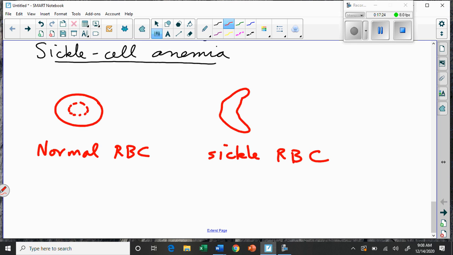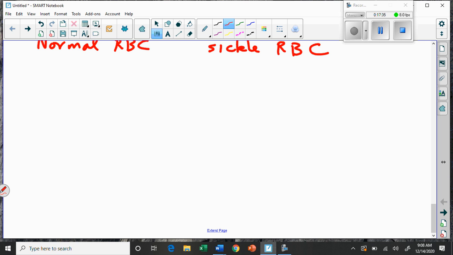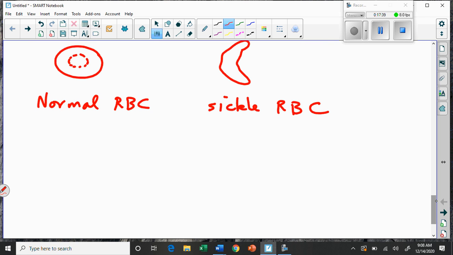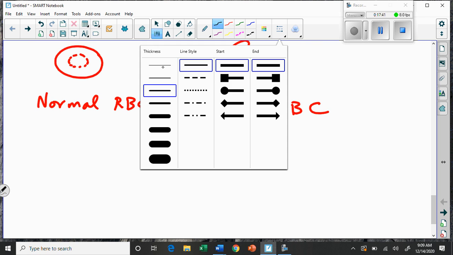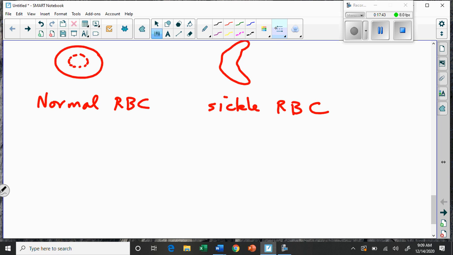Now, we need alleles, okay? And because this has something to do with the hemoglobin inside the cell, that's the protein that's being made, the hemoglobin is the actual sort of trait. And so what we do is we describe this using Hb as our bottom letter, which stands for hemoglobin.